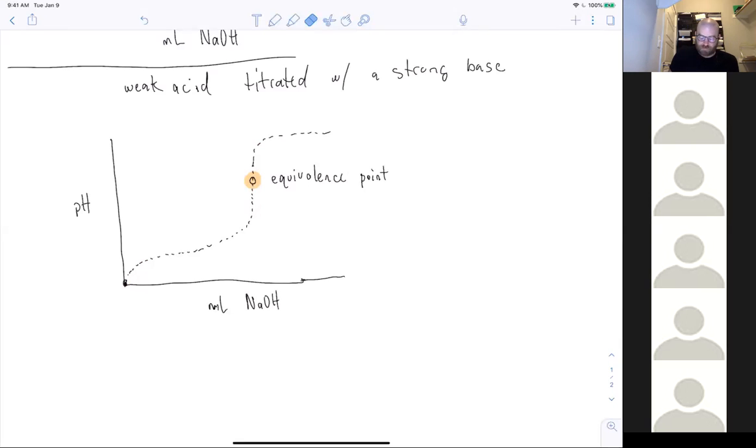Let's just say, I'm just making up whatever the acid and base is here, that it comes right here. So at the equivalence point, the pH is higher than 7 when you titrate a weak acid with a strong base.